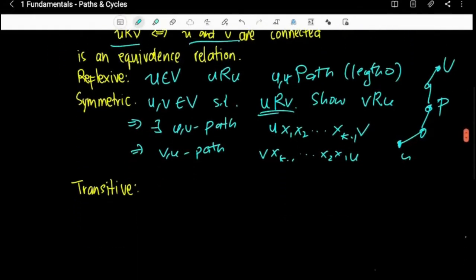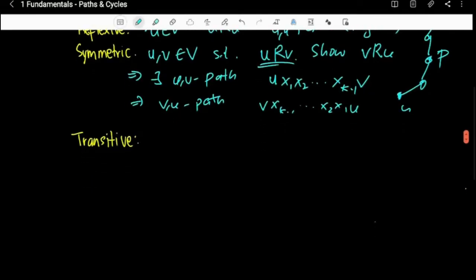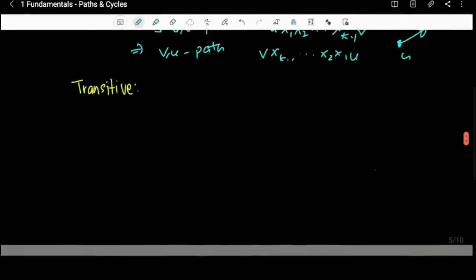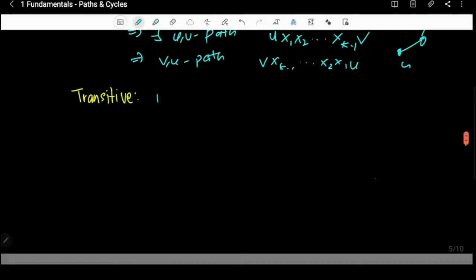Yan. How about transitivity? Paano natin pinapakita ang transitivity? So, transitivity, dapat given ka ng tatlong vertices, let's say U, V, W, such that U connected kay V, tapos V connected kay W. So, yan yung given.